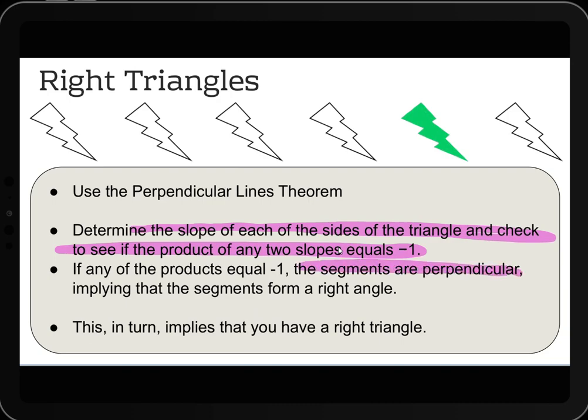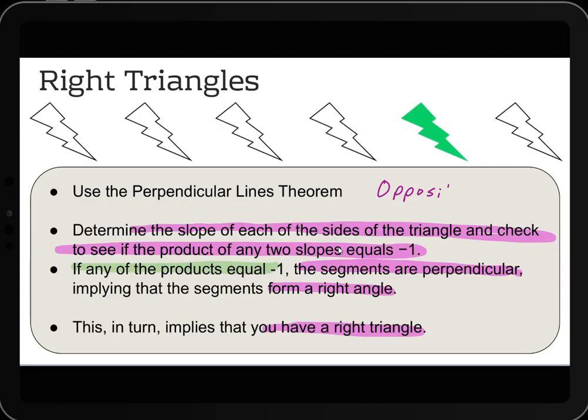It also means that it forms a right angle as a result, and since it has a right angle, it would be a right triangle. The other way to think about having a product of -1 for the slopes, which is referenced right here, is that when it talks about showing that the slopes have a product of -1, that means that you're looking for opposite reciprocals.